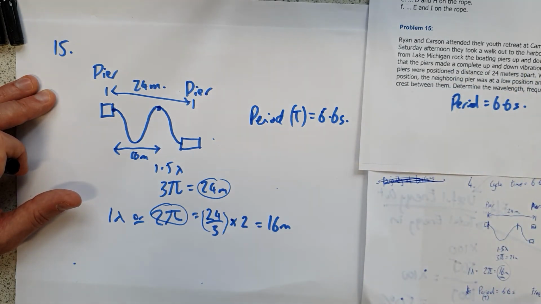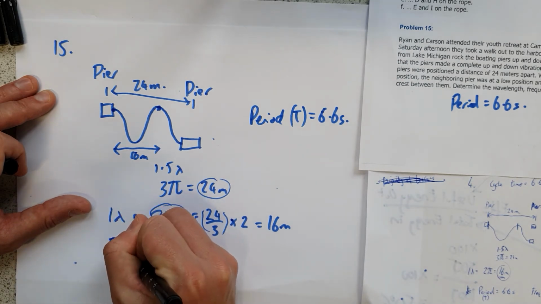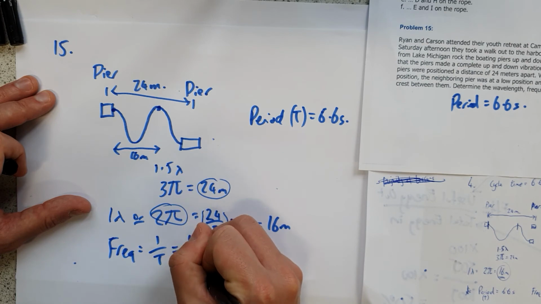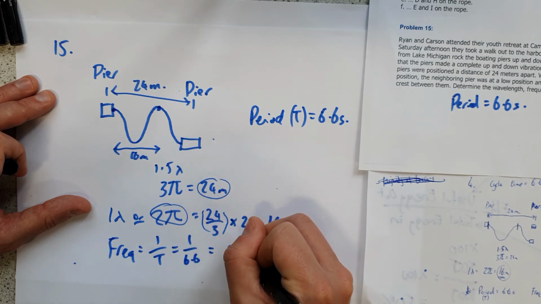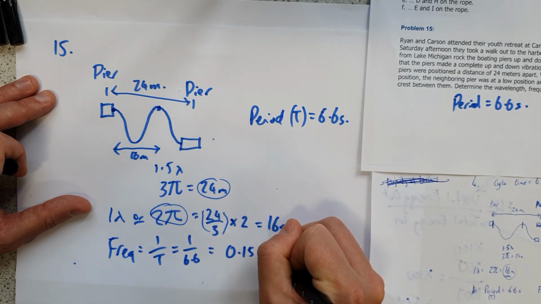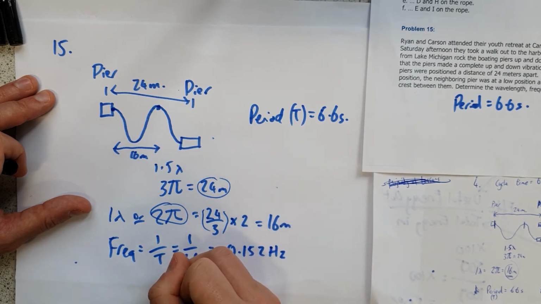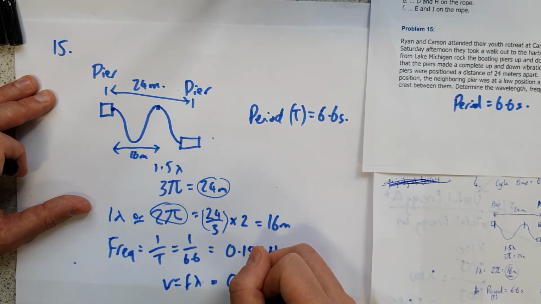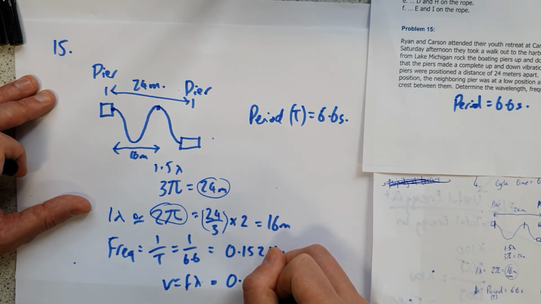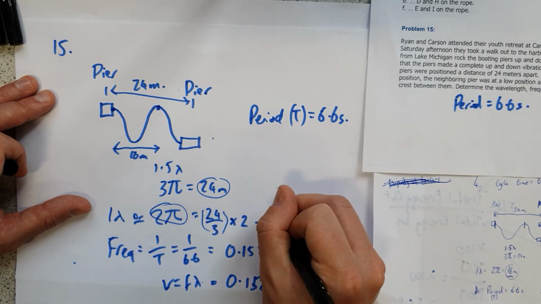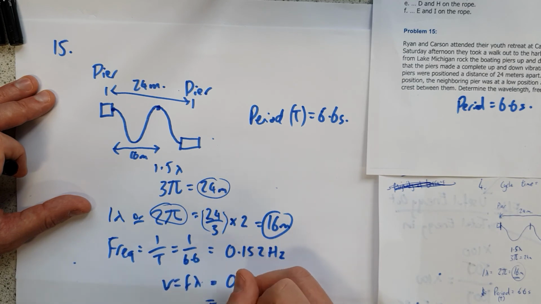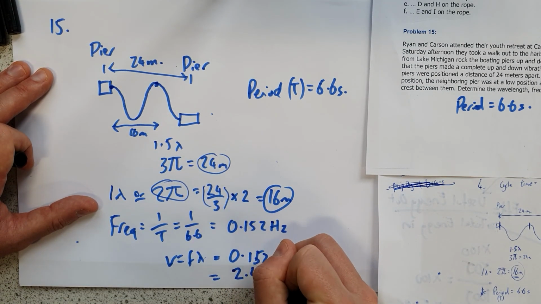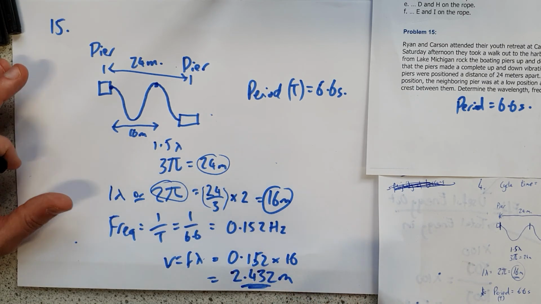So the frequency is 1 over T, which is 1 over 6.6, which is 0.152 hertz, and then v equals f lambda. So we plug in that number, 0.152, times it by 16, which is the wavelength, and that gives us 2.432 meters, and there is our answer.